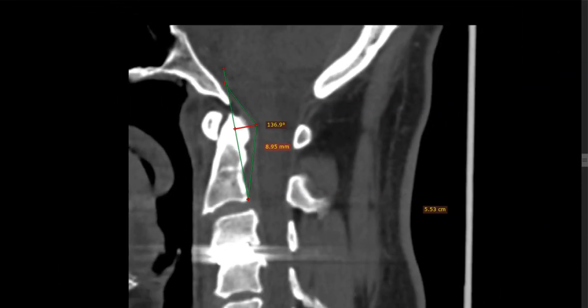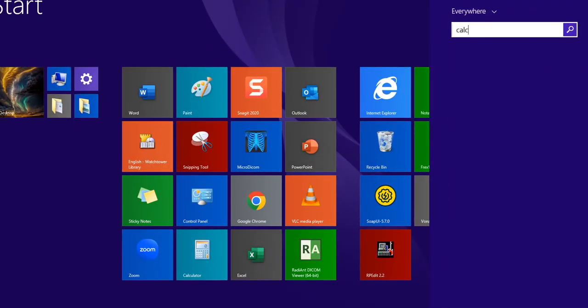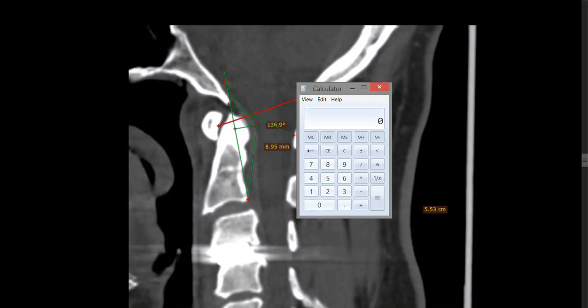I don't see any massive occipital movement, so we're gonna actually take a look at this number here and this number here. This is called the Powers ratio. And basically you do not want this number to be 1.